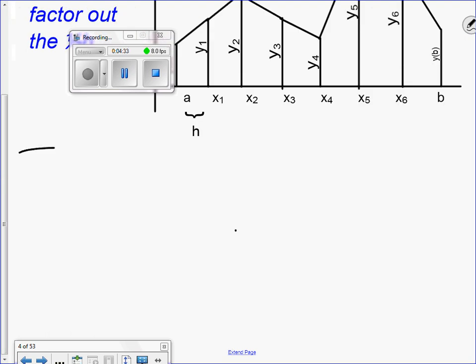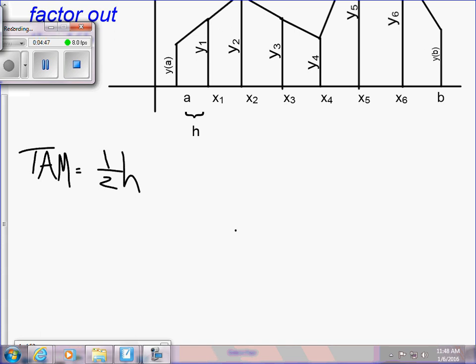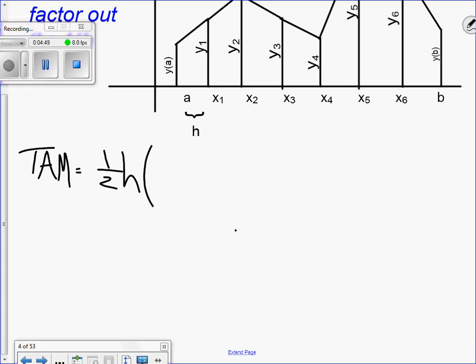The cool kids call it TAM, trapezoidal approximation method. So we're going to factor out the 1/2 and the height, because it's going to be the same for each one of these trapezoids. So why keep writing it? So all we need is to multiply that for each trapezoid.